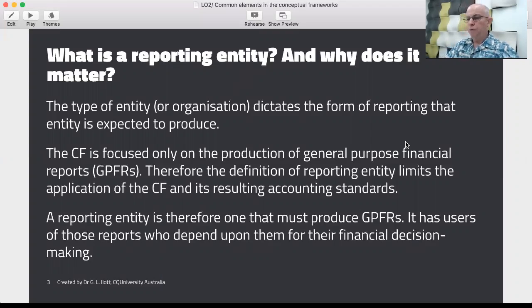The conceptual framework is focused only on the production of general purpose financial reports. Therefore, the definition of a reporting entity limits the application of the conceptual framework and the resulting standards. A reporting entity is therefore one that must produce general purpose financial reports. If you're not required to produce them, then the conceptual framework is not that interested in you.